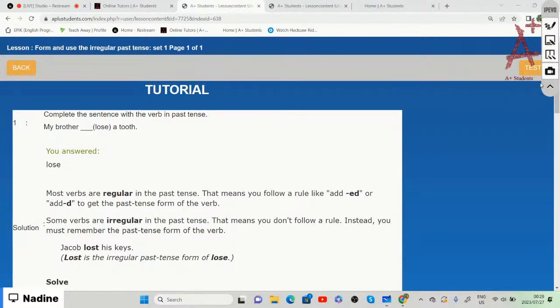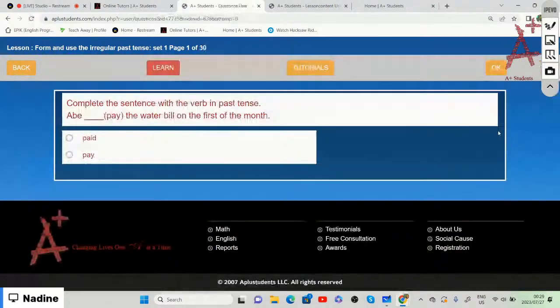All right, let's go to our little test, or let's test ourselves to see if we can form and use irregular past tense verbs. We need to complete the sentence with the verb in the past tense. Abe paid the water bill on the first of the month. So pay, is it option one, which is paid, or option two, which is pay?